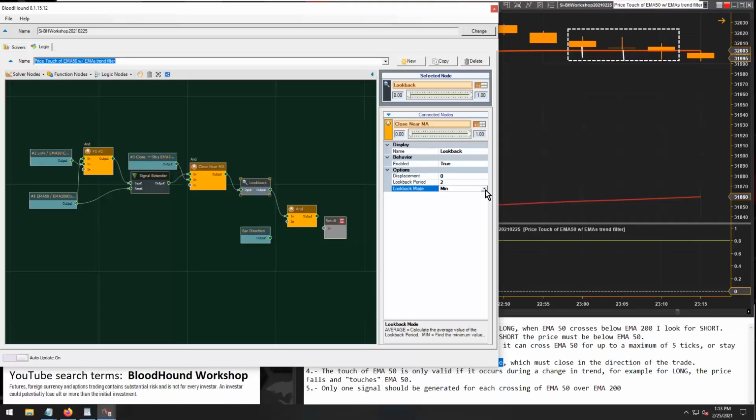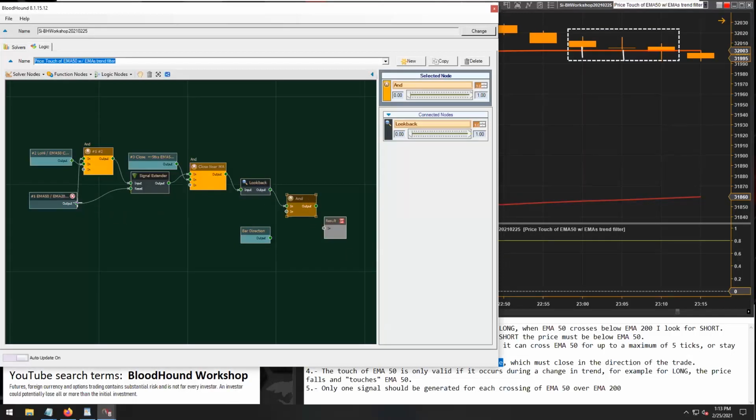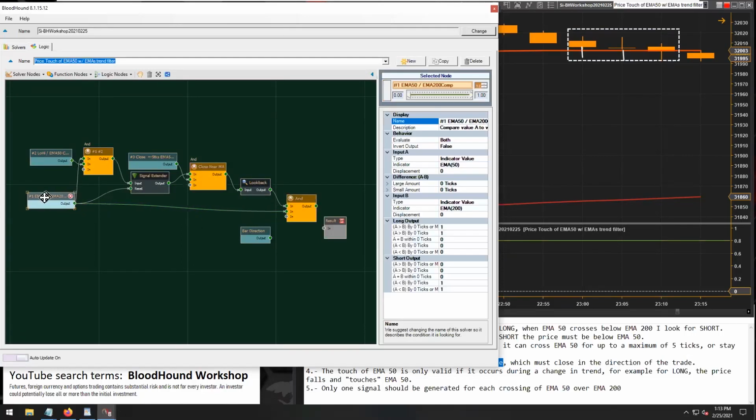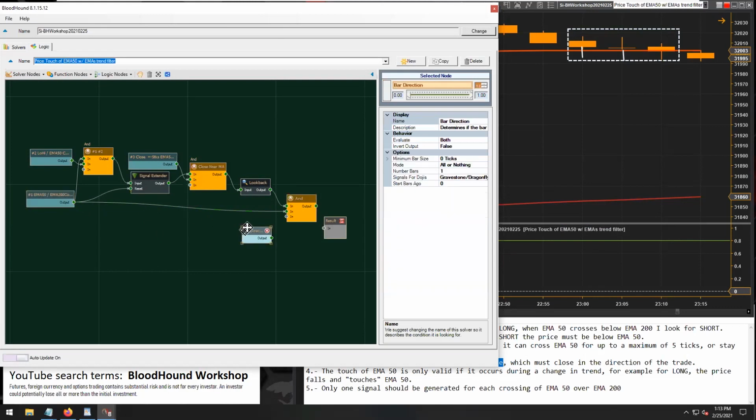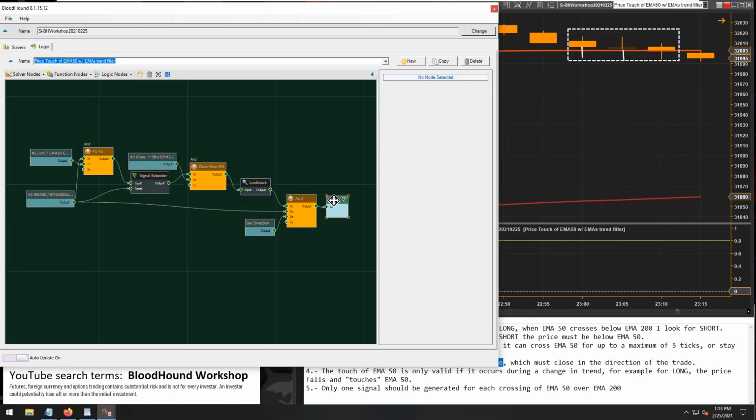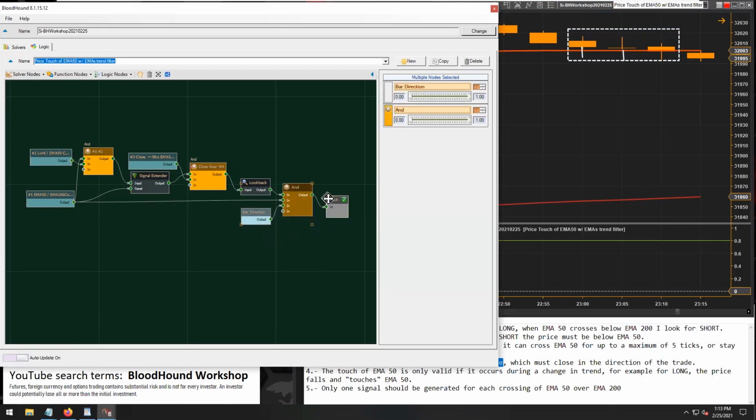Let's see. Nope, sorry. Max. Yeah, we're going to use the mode max. And now we can take our MA trend filter and our bar direction. And there we have it.